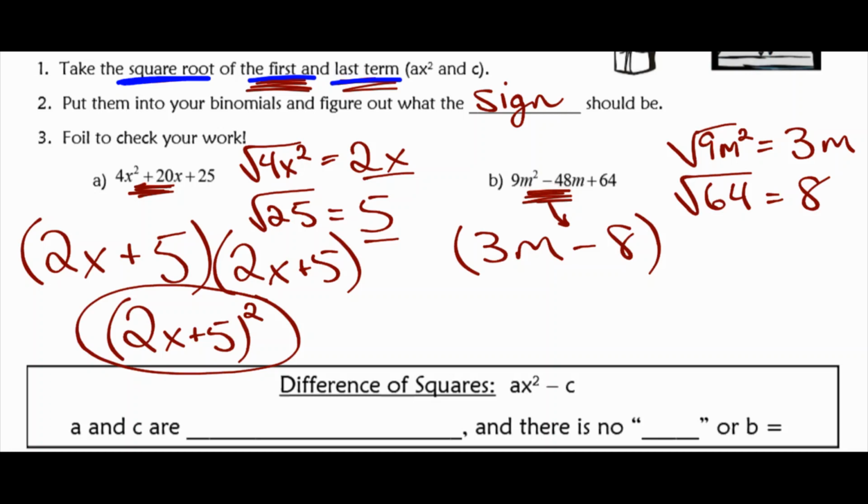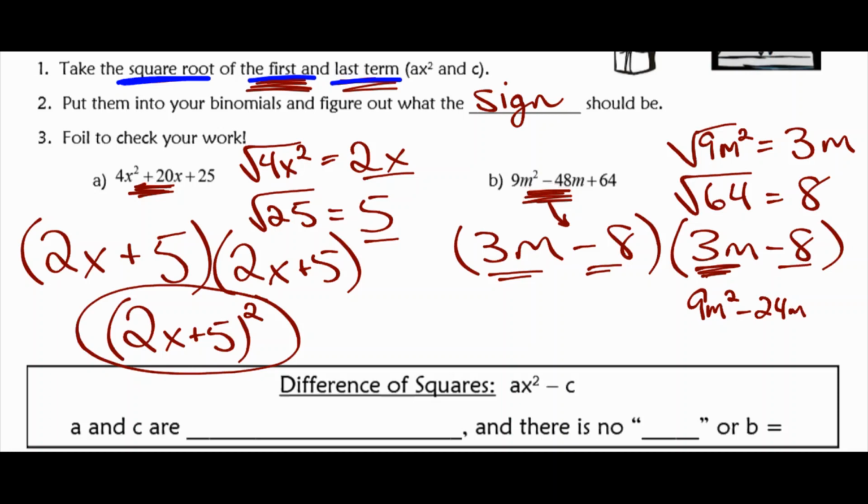Because if I actually multiply these out, 3m minus 8 and another 3m minus 8, 3m times 3m is the 9m squared. Negative 8 times 3m is a negative 24m. Negative 8 times the 3m is another negative 24m. That's really where this number is coming from. That negative 48 is coming from a negative 24 and another negative 24 combining.